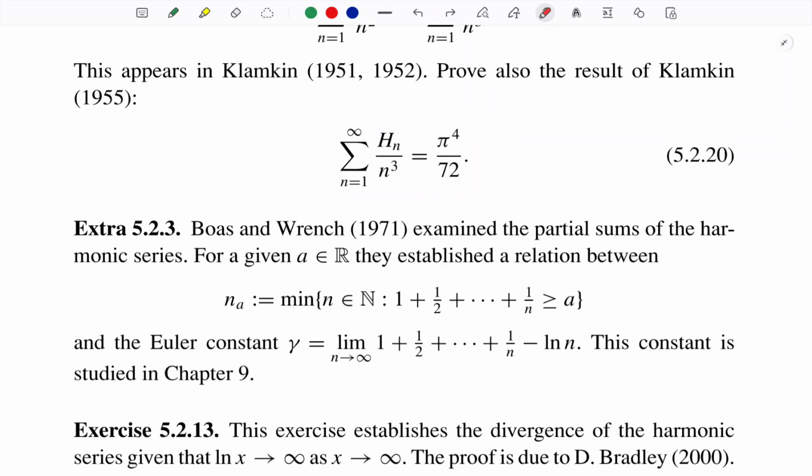Wait a second, guys, I'm just looking at the proof. No, it's not easy to evaluate. But guys, if you want to know the proof of this thing, just comment with the timestamp, and I will try to come up with the proof.